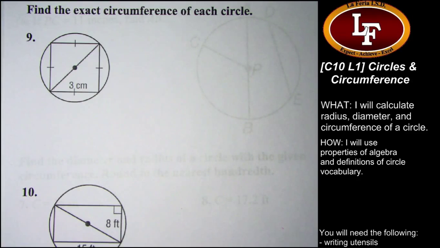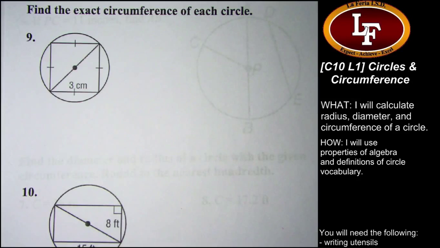So let's take a look at this figure for 9. This figure for number 9 is showing a circle. We don't know the name of the center, but we can see the center is drawn there for us. We also see inscribed within the circle what looks like a square inside of it, or at least some sort of rhomboid, some sort of rhombus-like figure.